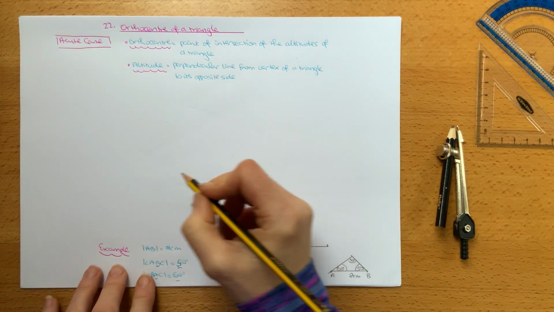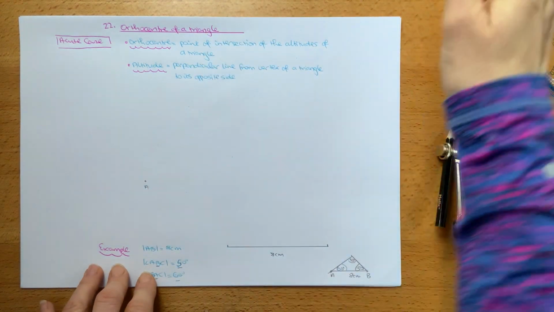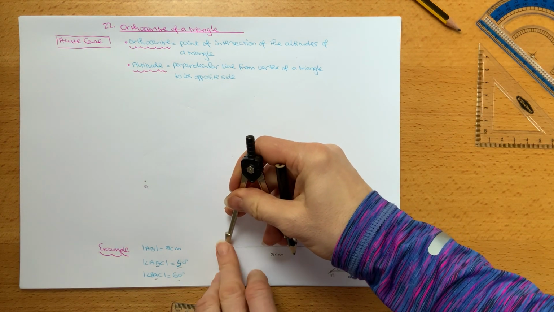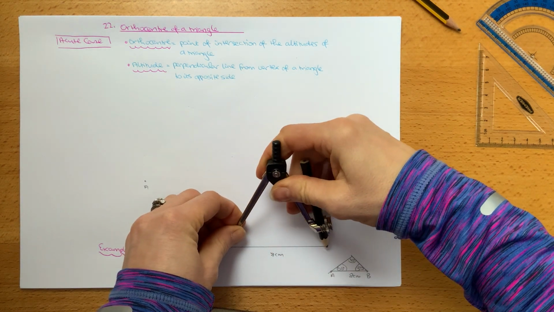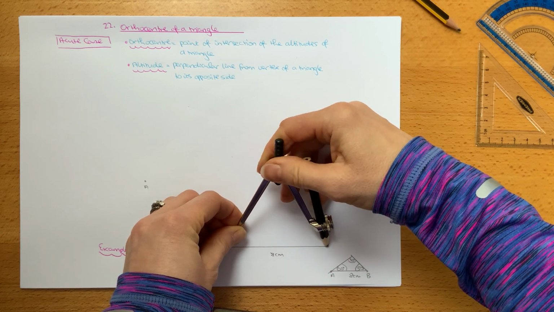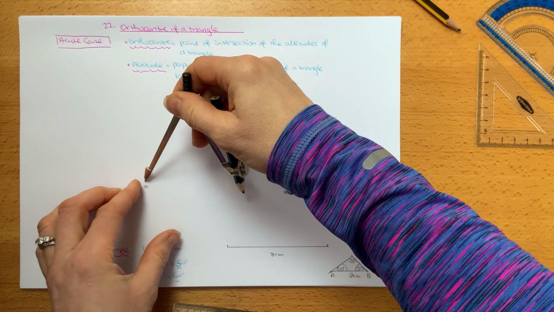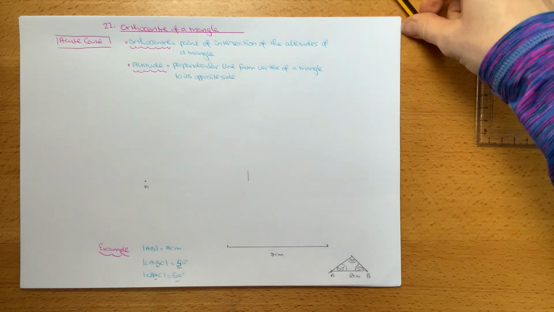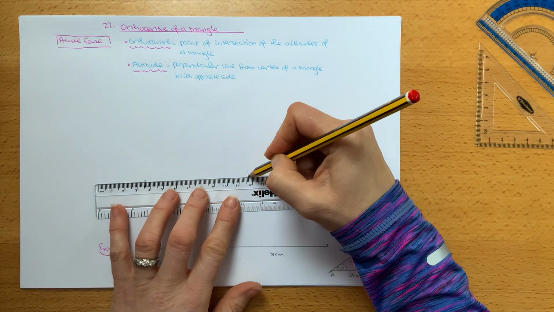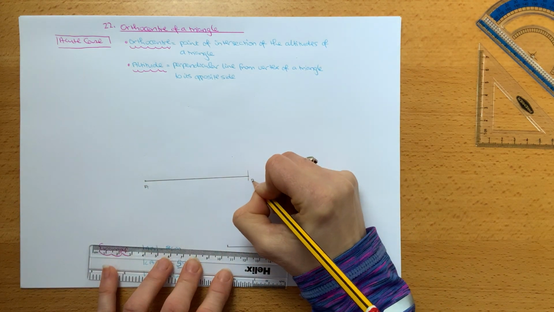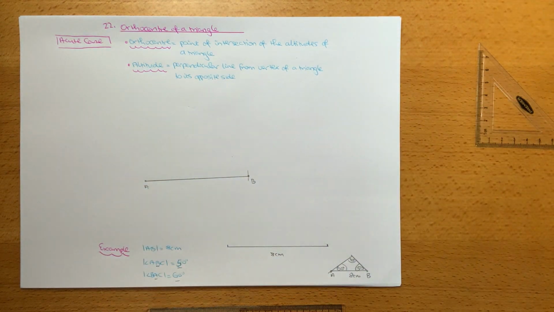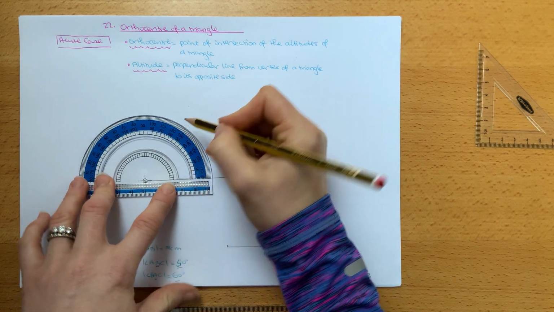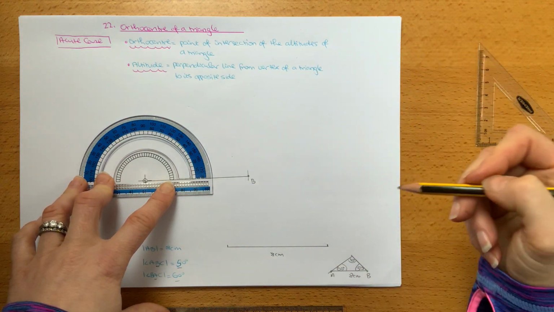So I'm going to mark a point A on my page, and I'm going to use my compass to measure out my 8 centimeters in length, or you can of course use your ruler. So I have 8. This is my point B. Take my protractor and measure my angle, sorry, at A is 60 degrees.